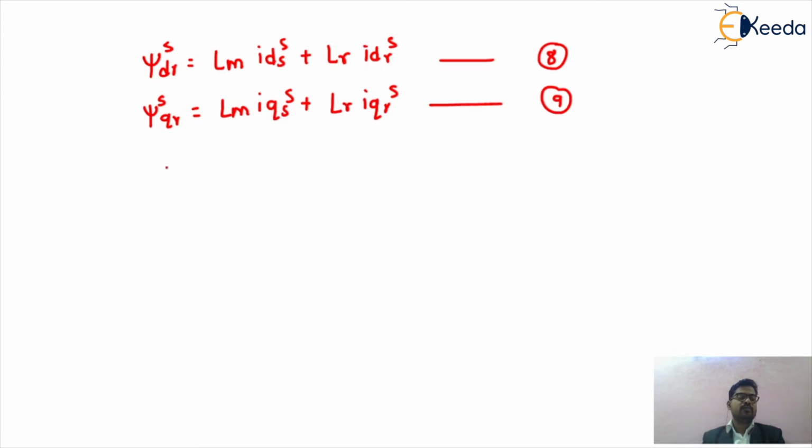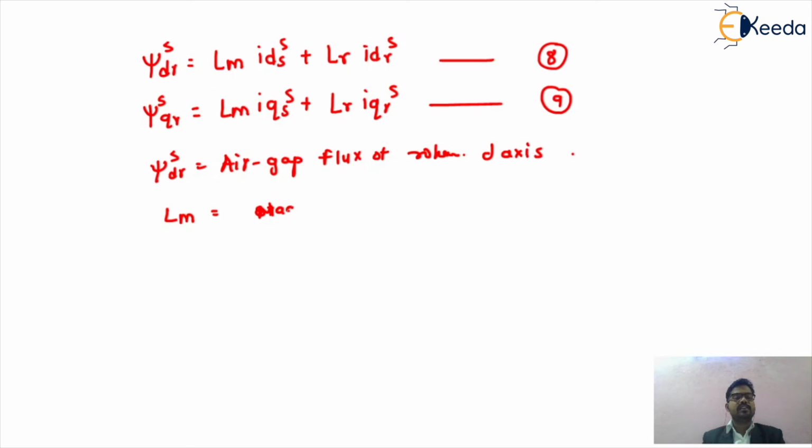Again, what do we mean by psi dr? It is the air gap flux of the rotor with respect to the d axis, and Lm is the magnetizing component of inductance, so it is the magnetizing inductance.